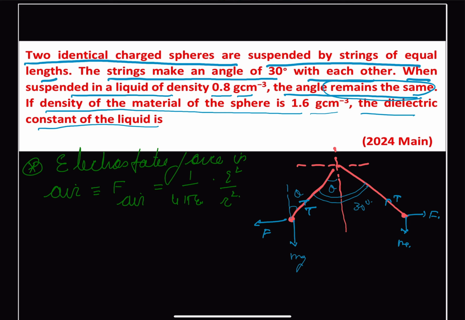Okay. And when it is dipped in liquid, we can say electrostatic force in the liquid. Okay, so this is with respect to air and this is with respect to liquid.